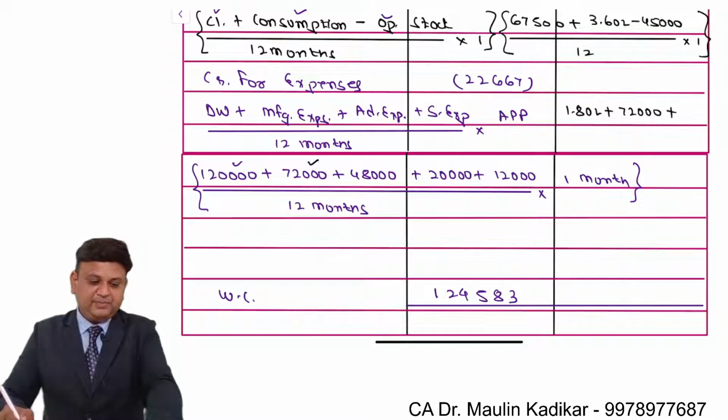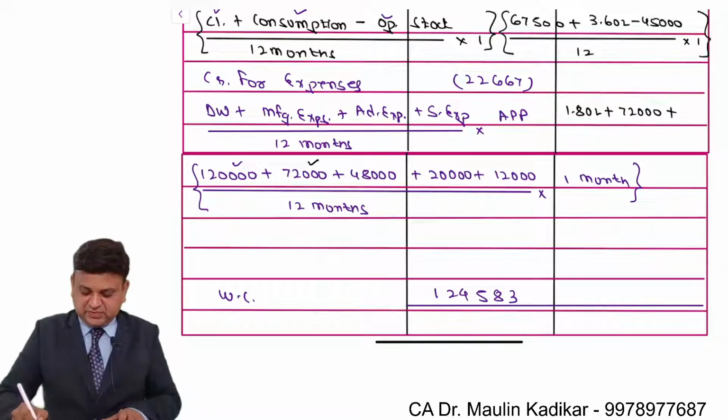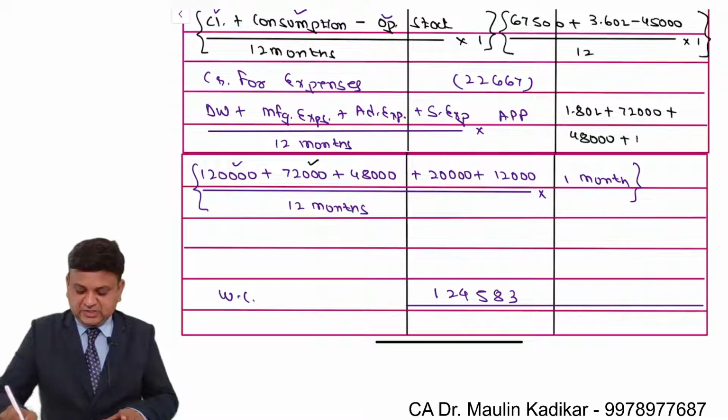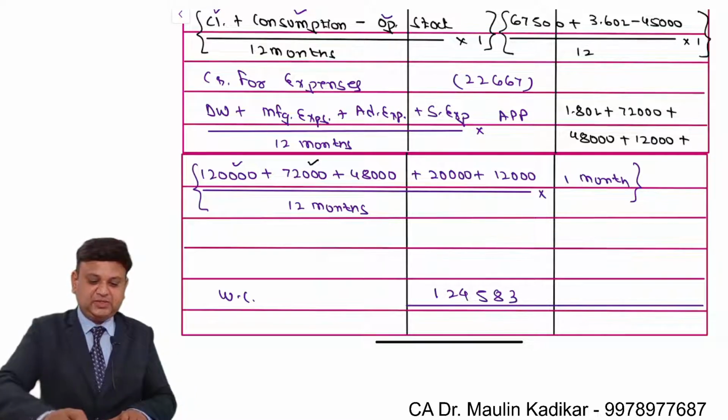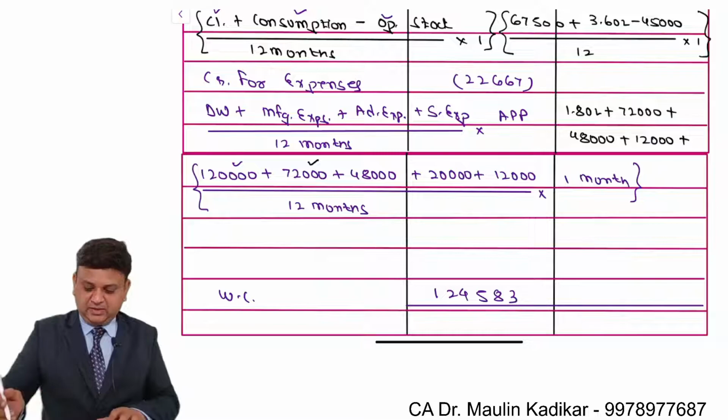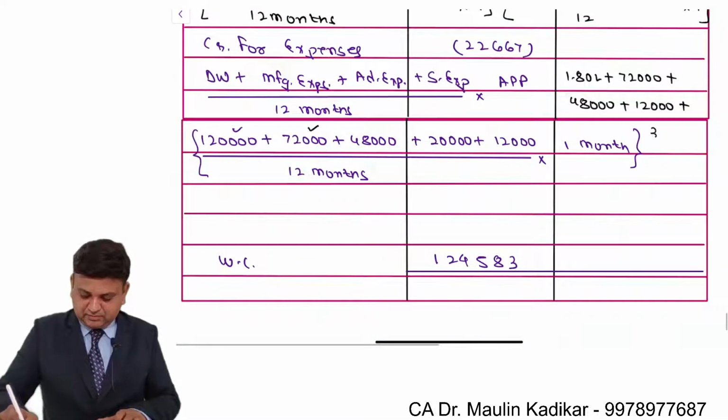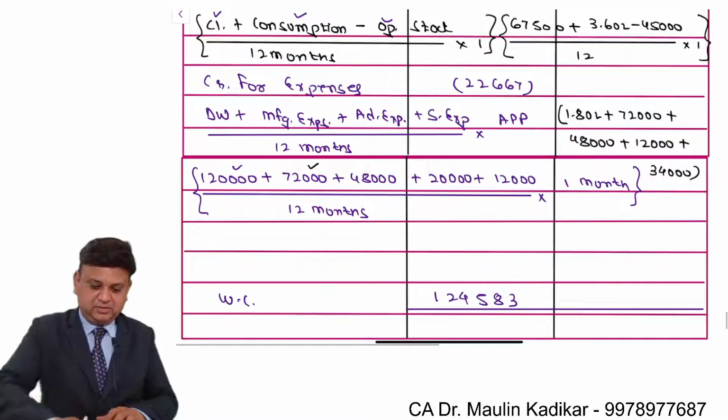Plus depreciation 0. Plus fixed administration expenses 48,000. Plus fixed selling expenses 12,000. Plus variable selling expenses 4 into 8,500, that comes to 34,000. That is the way the total expenses are calculated.